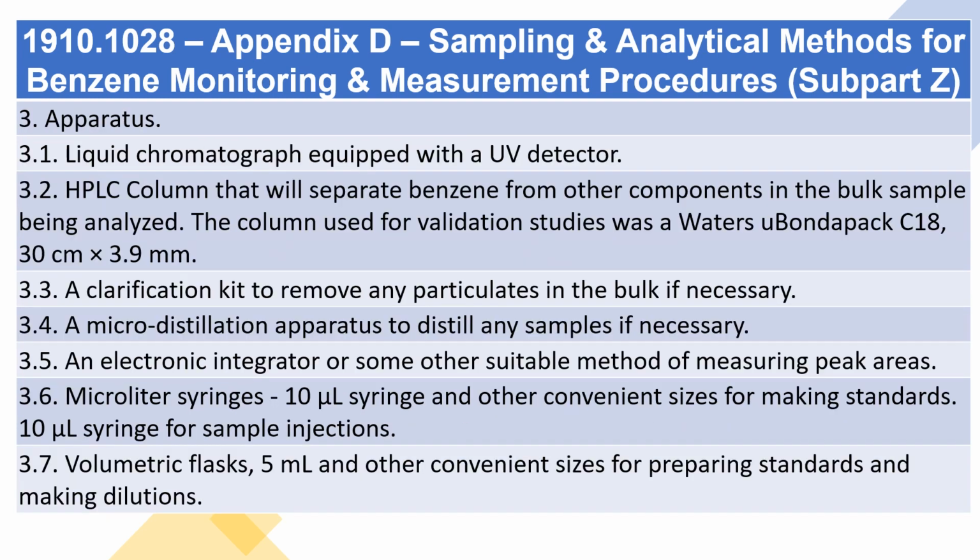3. Apparatus. 3.1 Liquid chromatograph equipped with a UV detector. 3.2 HPLC column that will separate benzene from other components in the bulk sample being analyzed.